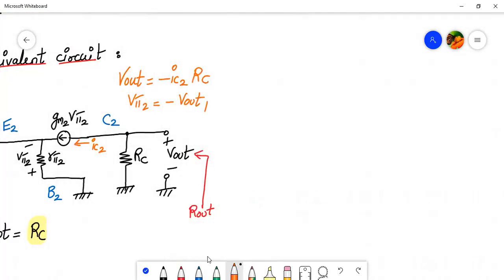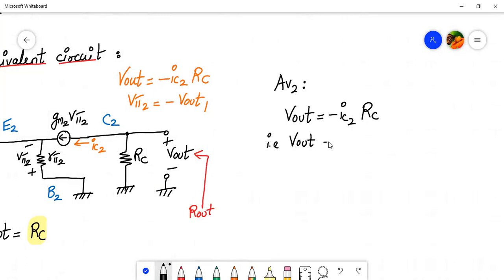We are finding the gain AV2. First of all, we found that V out is equal to minus IC2 into RC, that is, V out is equal to minus gm2 into V pi 2 into RC. And from here, we found that V pi 2 is nothing but minus V out 1.